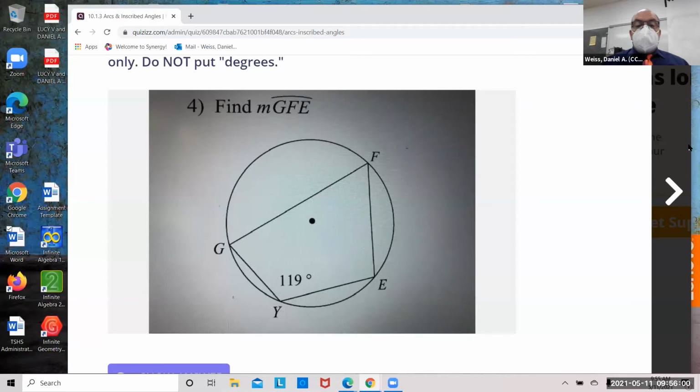All right. So if this angle is 119, Elijah, how do I find the arc that goes all the way around here? Do you know what to do? This is a one-step problem. I don't know what it is. Okay.